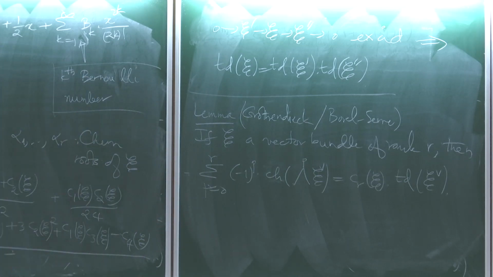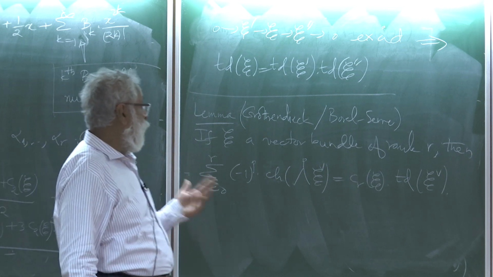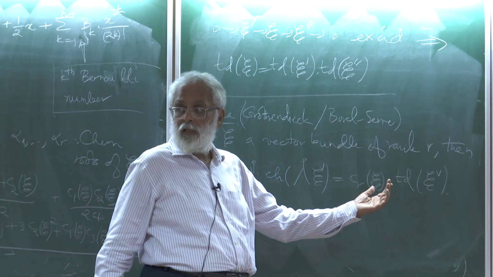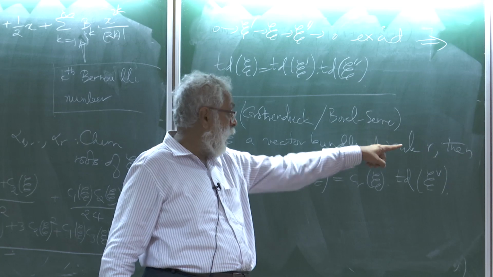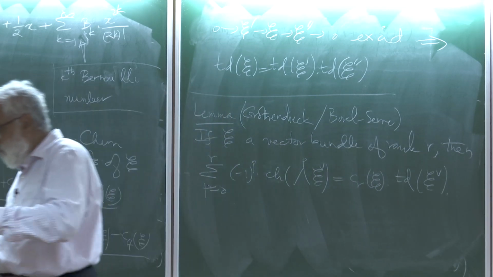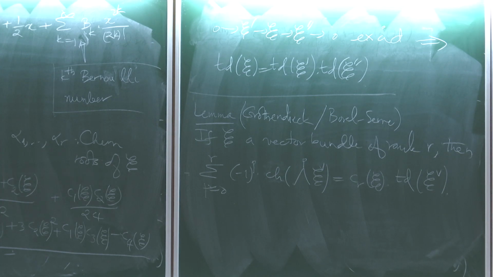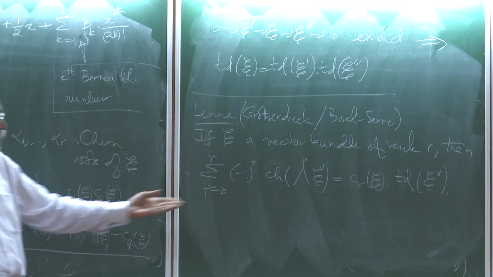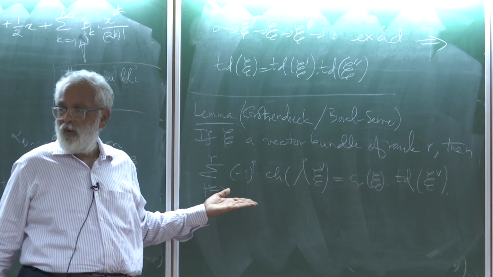But you'll see at some stage, we'll have a way of thinking of the top Chern class of E, where R is the rank. But that way will somehow come with some geometry, with some Koszul complex associated to it, and I can try to use that Koszul complex to recompute that Chern class in some fashion.